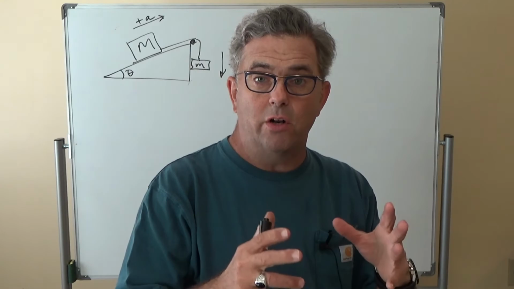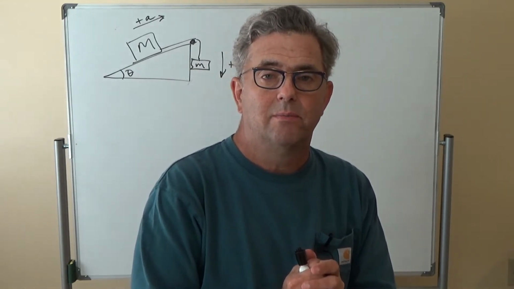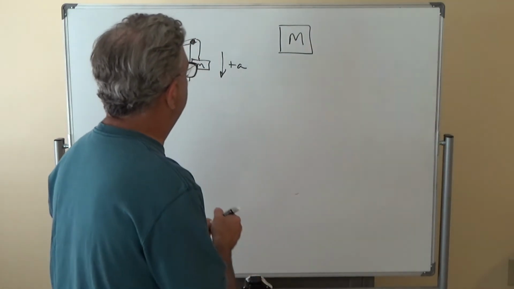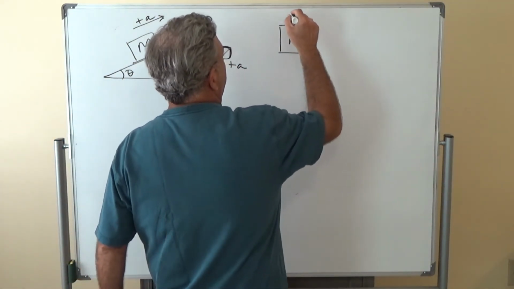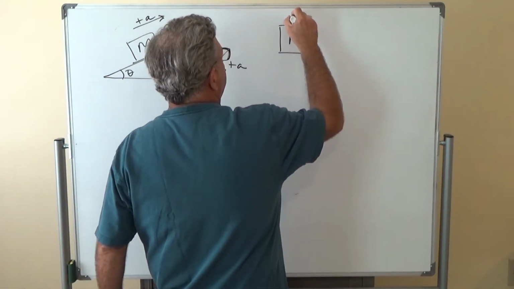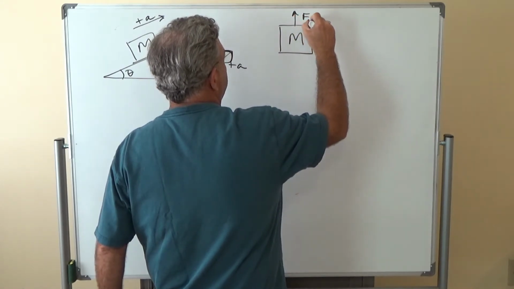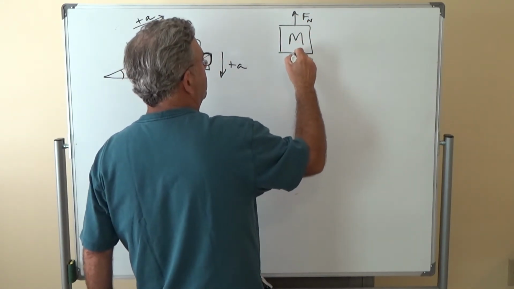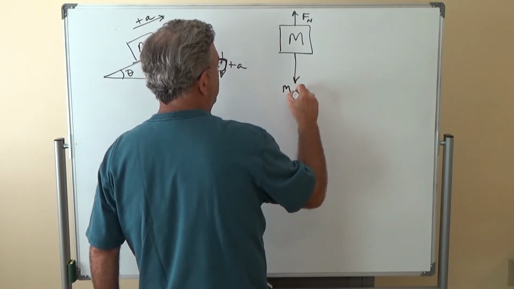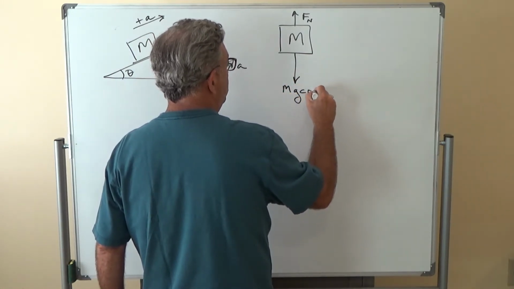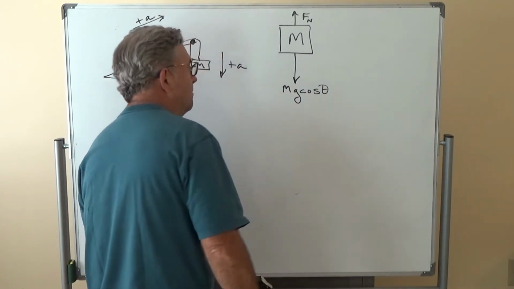And I'm going to start the system from rest. Doesn't have to, but that's the way we're going to do it, okay? So we have the normal force. This force is big Mg cosine theta.